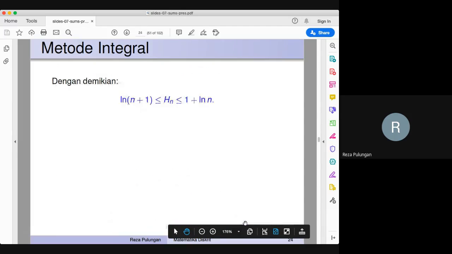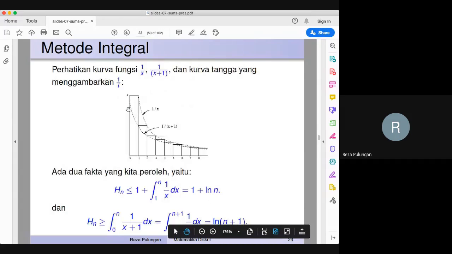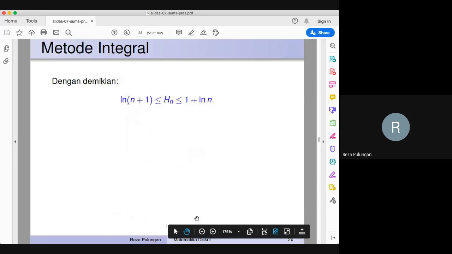So this is our conclusion: the natural logarithm of n plus 1 is less or equal to Hn, less or equal to 1 plus the natural logarithm of n.